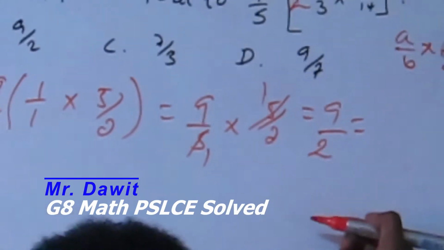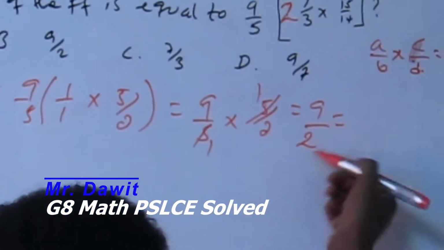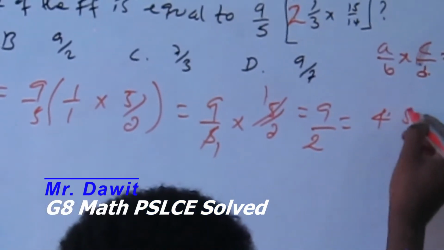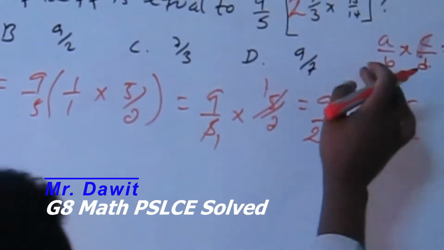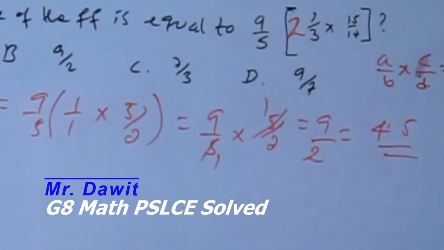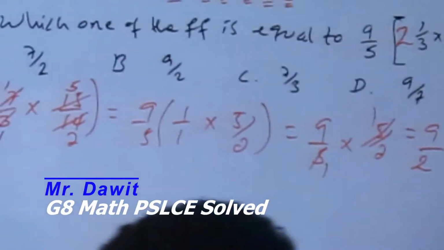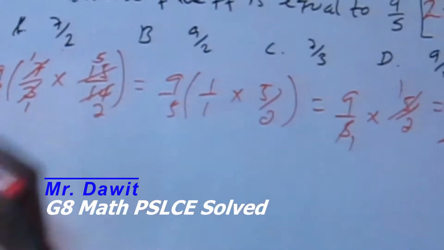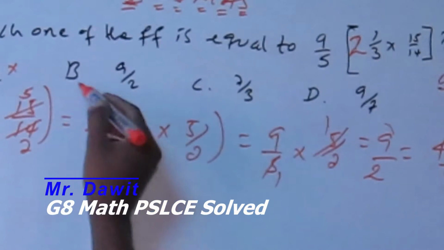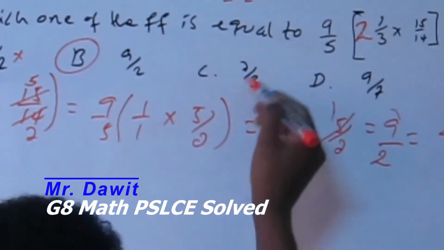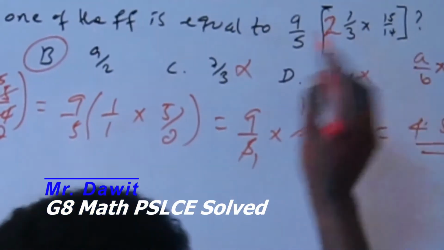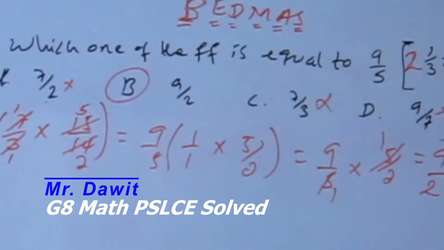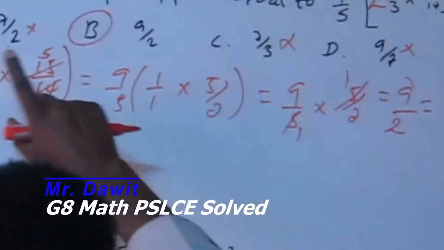In decimal form it is 4.5, because 9 divided by 2 is 4.5. A says 7/2, but it is not 9/2; 7/3 it is not; and 9/7 cannot be. So our answer is 9/2, that is B.